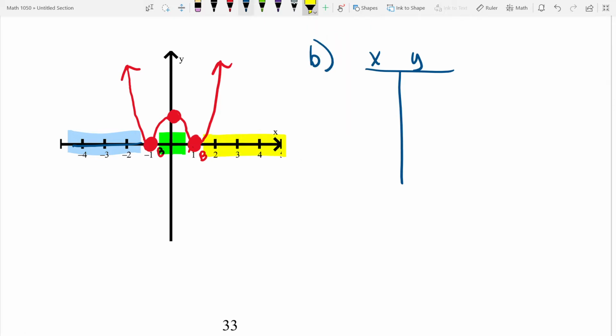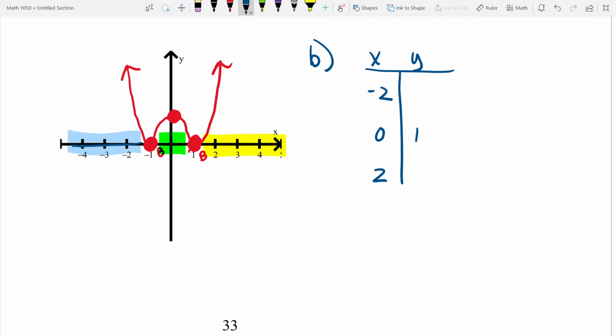Somebody shout out a number in the far left region. Can I use a -1? No. What could I do? -2. How about the green? 0. Sure. How about the yellow? 2 is great. I know that 0 is going to be 1. I could fill that in because that was the y-intercept, right?